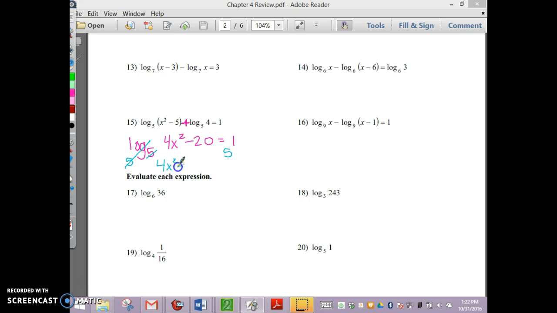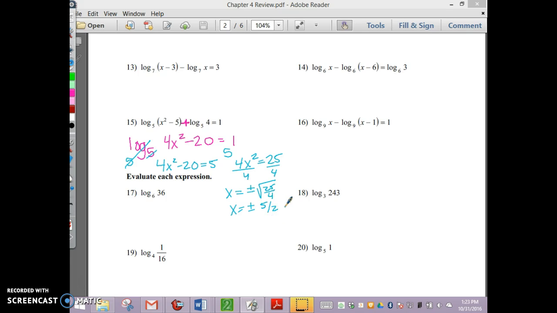So 4x squared minus 20 equals 5. Add 20 to both sides. 4x squared equals 25. Divide by 4. So x is the square root of 25 over 4. Plus and minus. We have a negative answer and a positive answer. And this one, oh, that's 5 over 2.